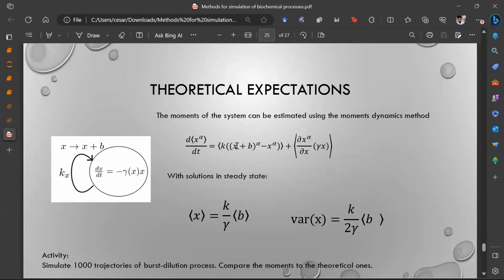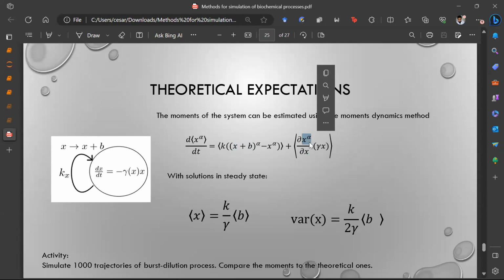But in this case, the value of the jump after the bars is b. This b can also be a random variable with a given distribution. Here you also have the continuous dynamics. This continuous dynamics has to have a minus, and it is the derivative of x of my moment alpha.